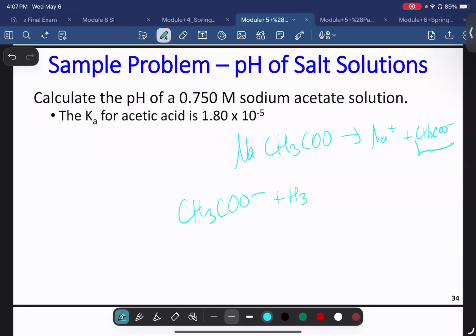So this is the reaction with water to produce hydroxide plus acetic acid, CH3COOH. And then you do an ICE chart accordingly. And then you use the initial amount. You have to use the Kb, and then you can put it into the calculator and solve.